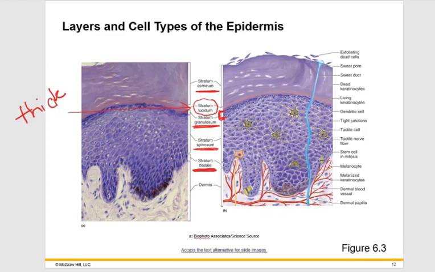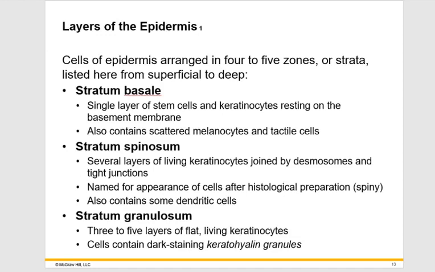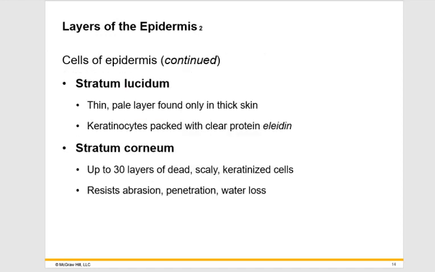This is a picture of thick skin, and we can tell because of the presence of that stratum lucidum, but also because the stratum corneum is so thick. If this were thin skin, we would see hair follicles protruding through, and the stratum corneum would be thinner. In your notes, please make sure you spend time reading the complete description of each of these layers.